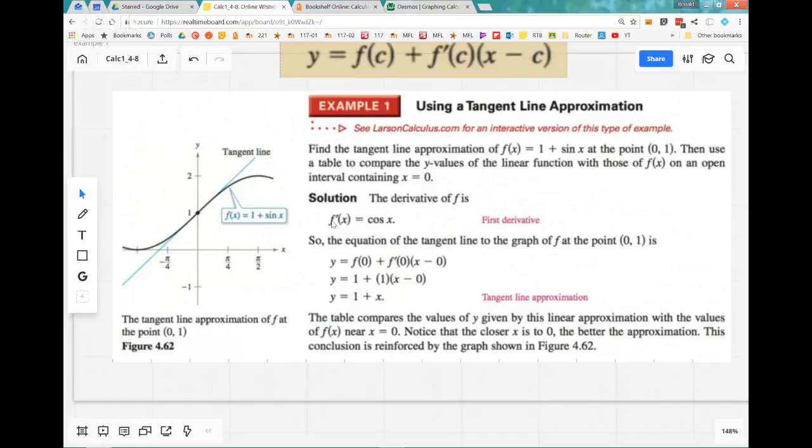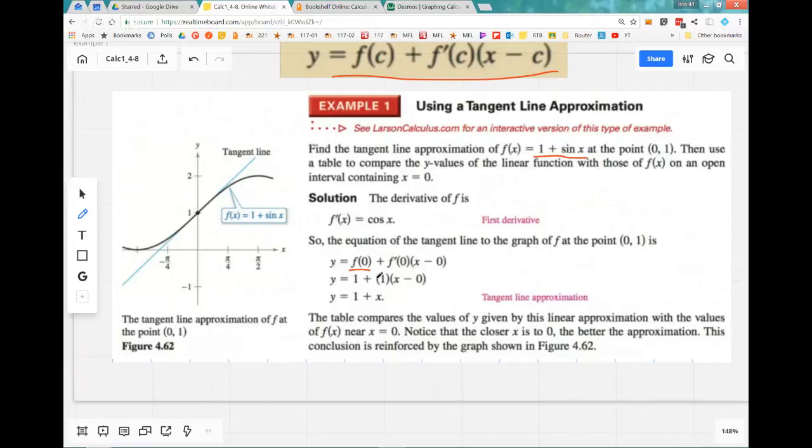So here's our derivative. Now, if you look at the top of the page, I copied that equation up there. And here they did it. What's the function at 0? Okay, so look at the function now. What's the sine of 0? The sine of 0 is 0, right?